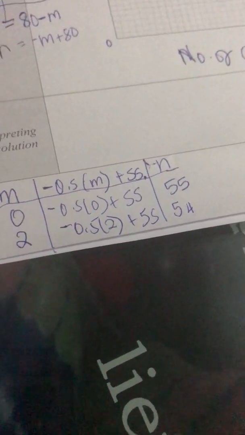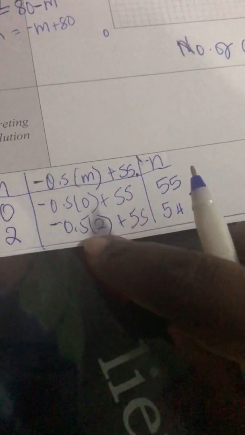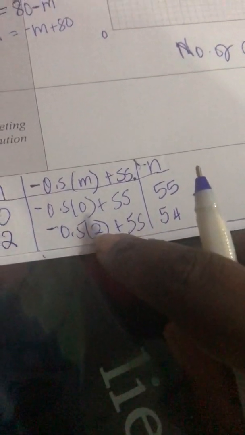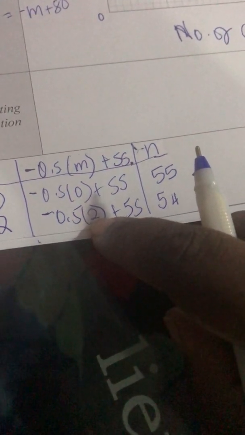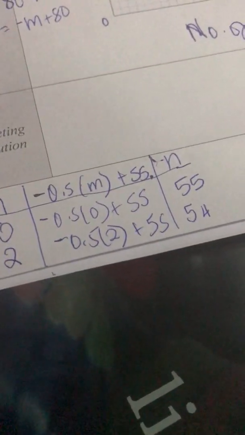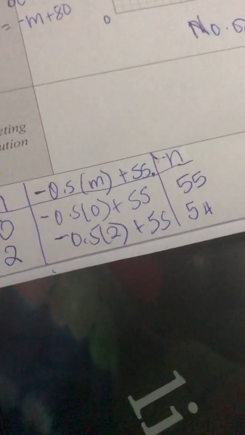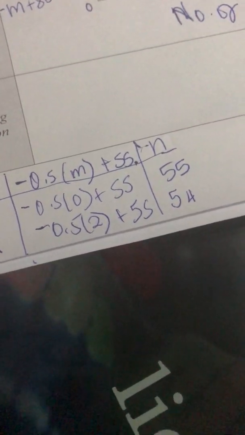I want a number that ends with 5. I should try to make this a 0. Maybe 4 here. Change this to 4, I get 53.